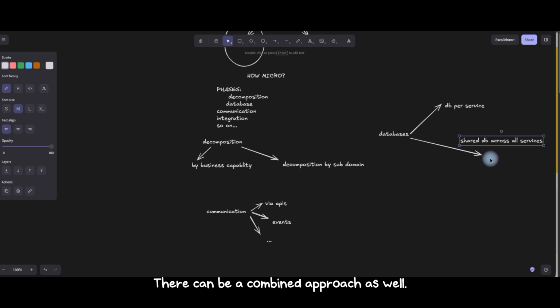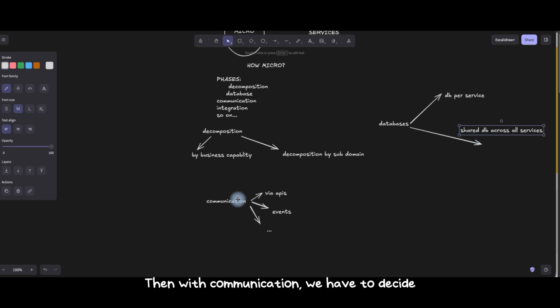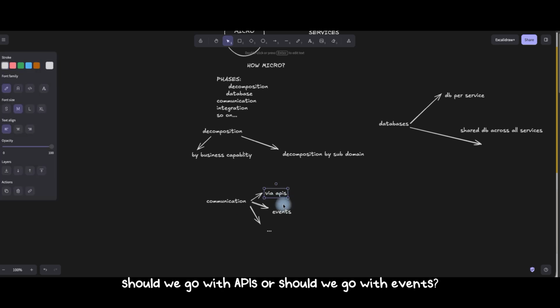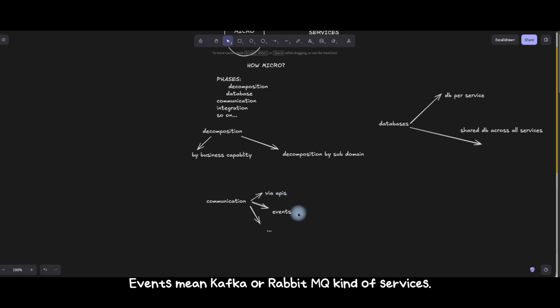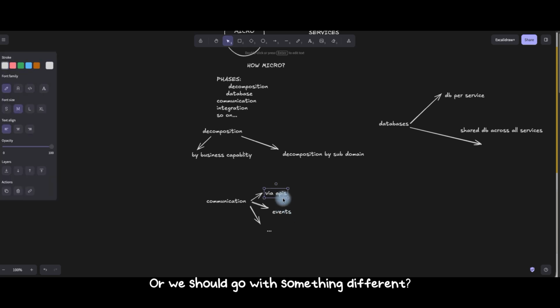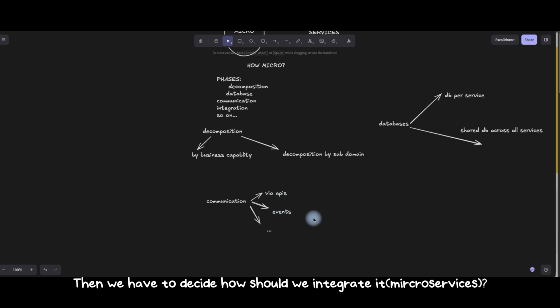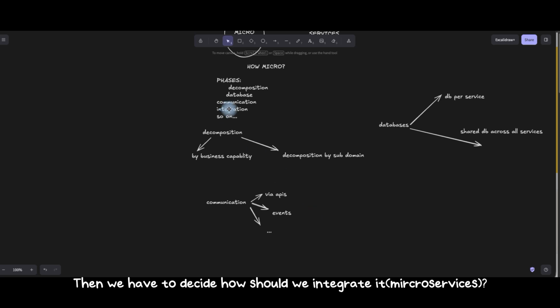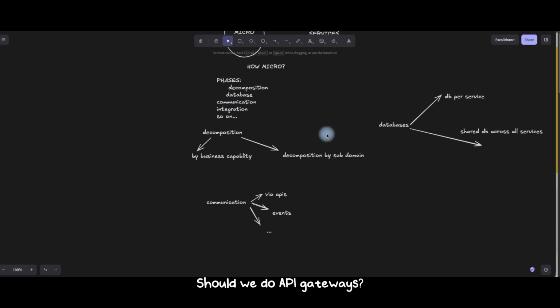There can be a combined approach as well. Then with communication, should we go with APIs or with events? Events mean Kafka or RabbitMQ kind of services, or we should go with something different. Then we decide how we should integrate it.